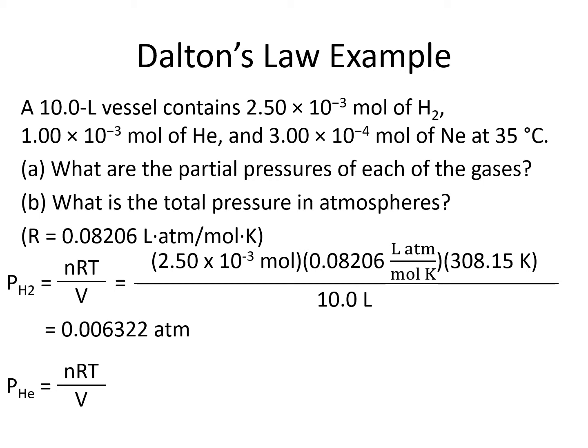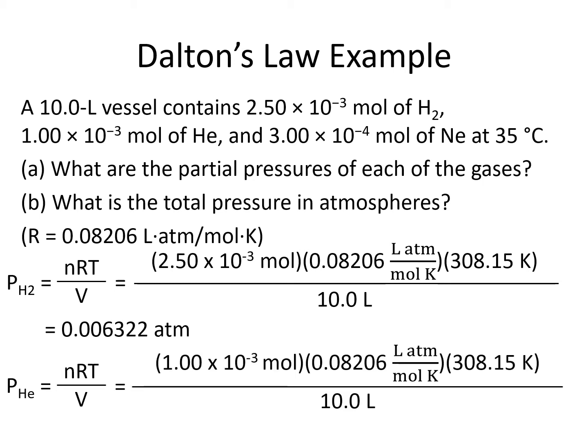The temperature is 35 Celsius, which is 308.15 Kelvin for each gas in the container. So the only thing that's changing for each gas is the number of moles. In this case, with the helium, the number of moles is 1 times 10 to the minus 3. But we plug in all the other numbers the same way as before, and we come out with 0.002529 atmospheres.